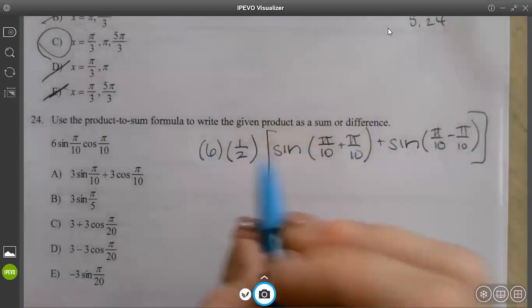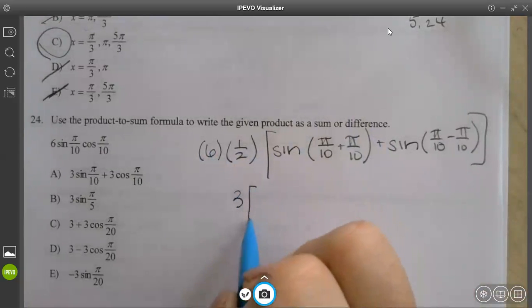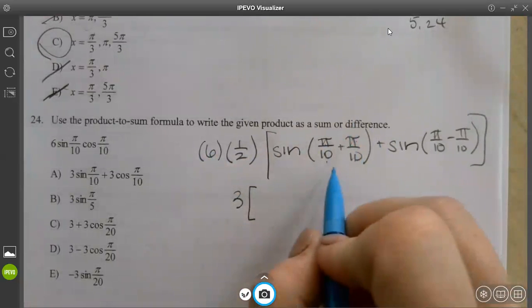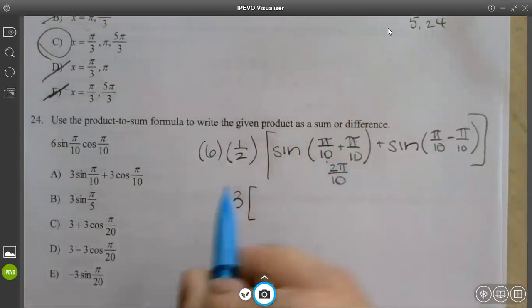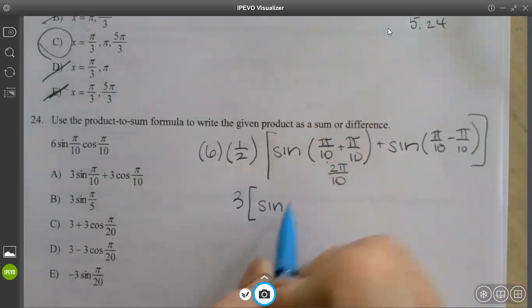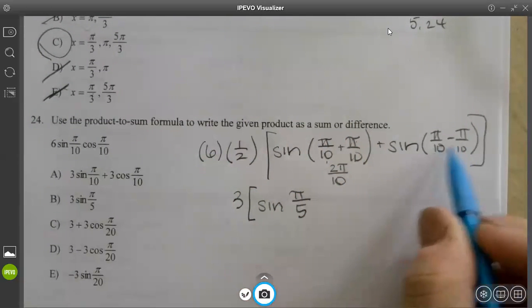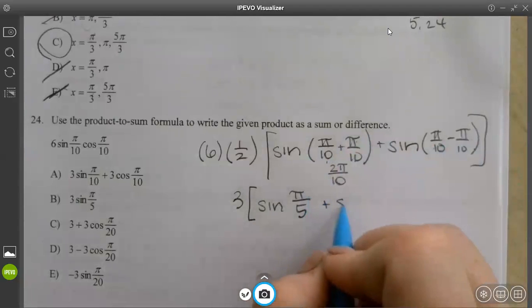What's half of 6? 3. Pi over 10 plus pi over 10 gives you 2 pi over 10 or sine pi over 5. What about right here? Pi over 10 minus pi over 10 is?